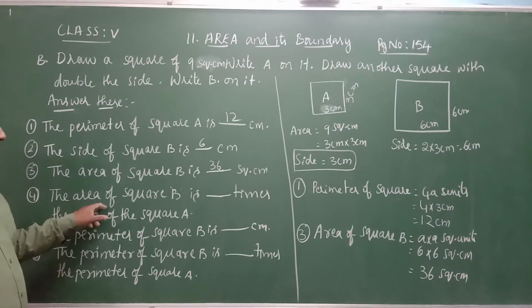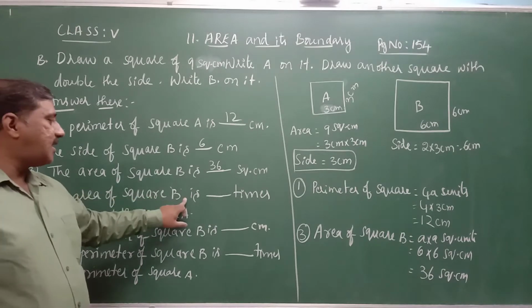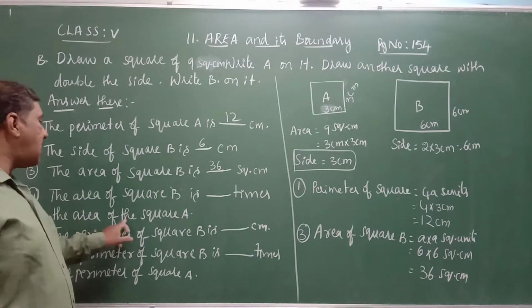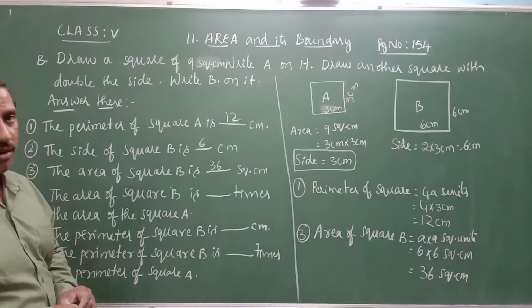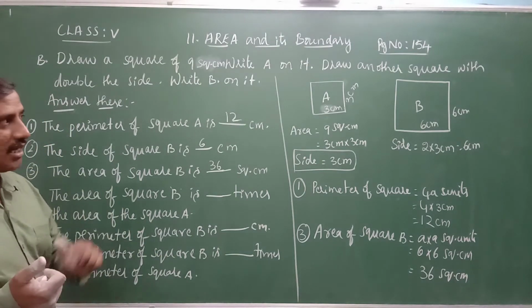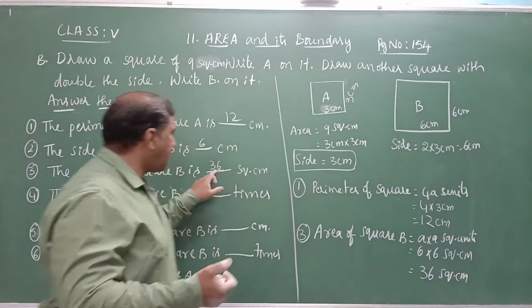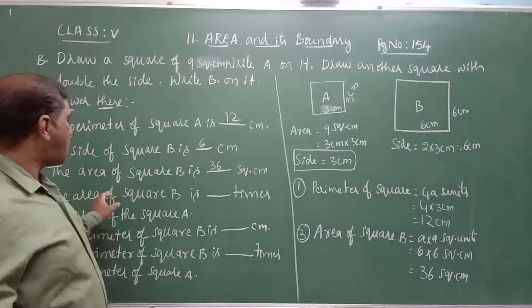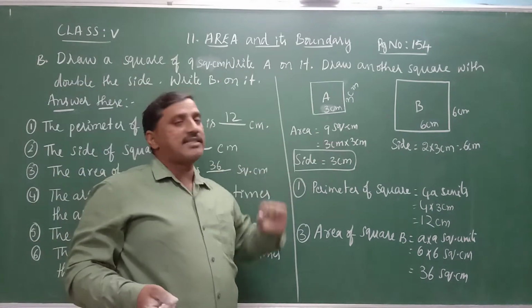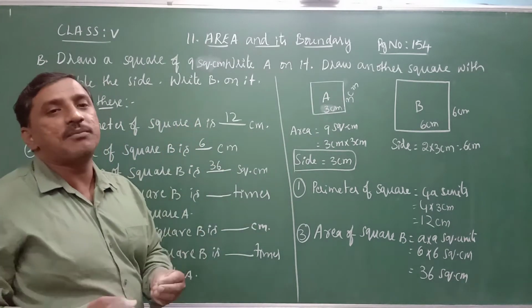Now, the area of square B is dash times the area of square A. Whose area is more? Square B is 36 square centimeters. Square A is 9 square centimeters. Whose area is more?